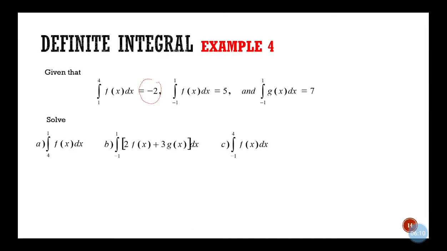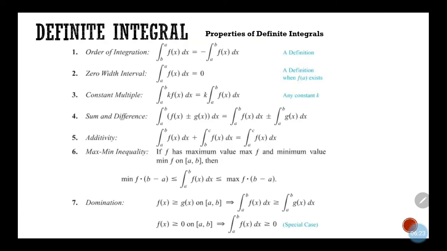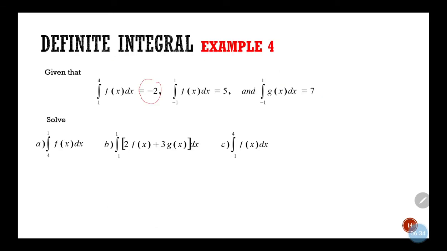Okay, kita boleh tengok lah. So yang ni saya rasa simple je. Okay, so yang ni a here, integration from 4 to 1 fx dx. So yang ni maknanya kita boleh make use of the properties that we have. Okay, so saya rasa yang soalan a tadi, we can use this order of integration because okay, same function fx, yang ni pun fx, so yang ni we would say is equals to negative integration from 1 to 4 fx dx.